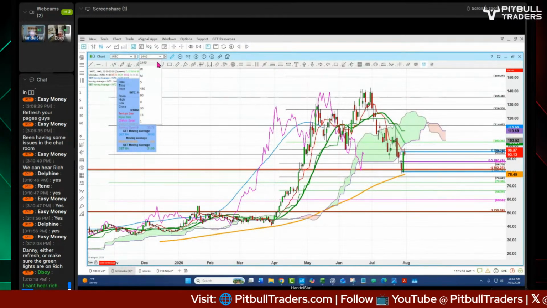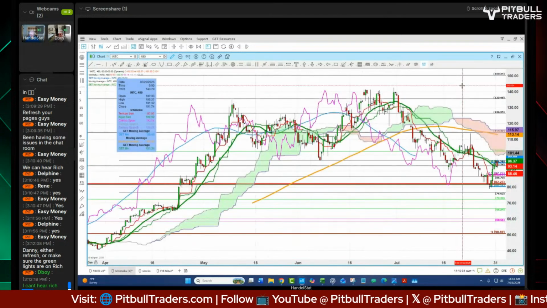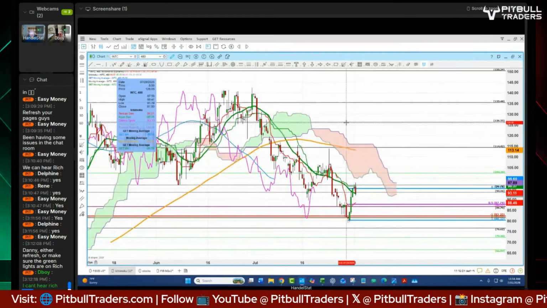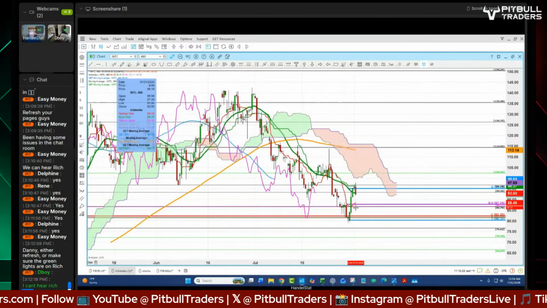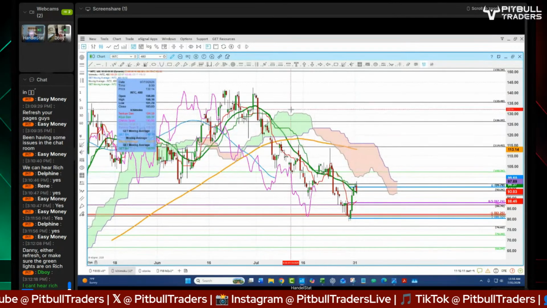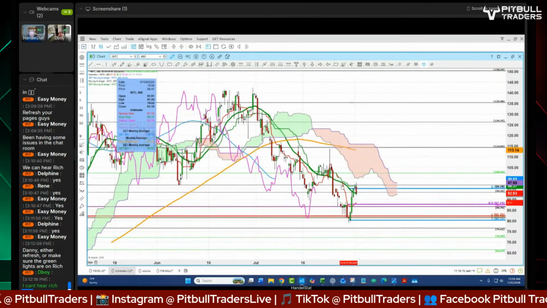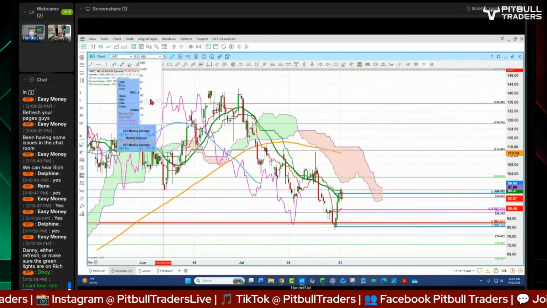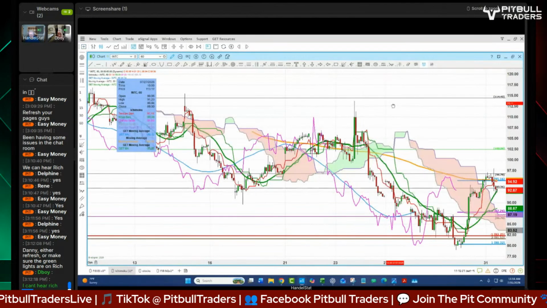Let's go look at this, the 480. It was very positive a couple days ago. Let's go back down here to the 60 and see what they're doing on that.